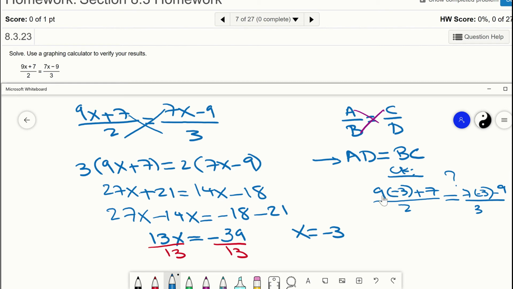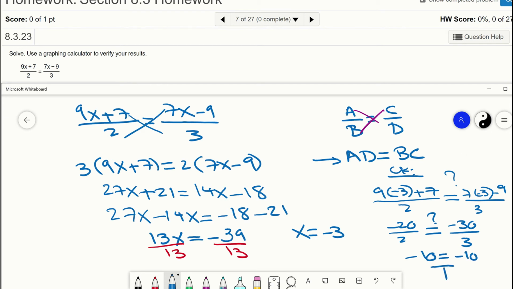Now, right here, we have negative 27 plus 7, right? That's negative 20 over 2. We want to know, over here, we have negative 21 minus 9. So that's negative 30 over 3. So negative 20 over 2 is negative 10, and negative 30 over 3 is also negative 10.